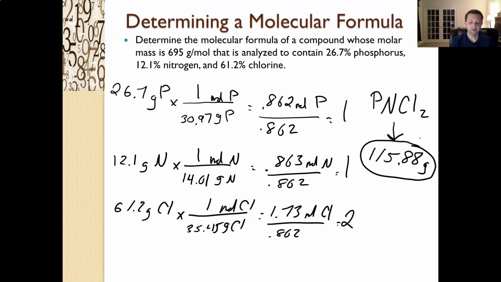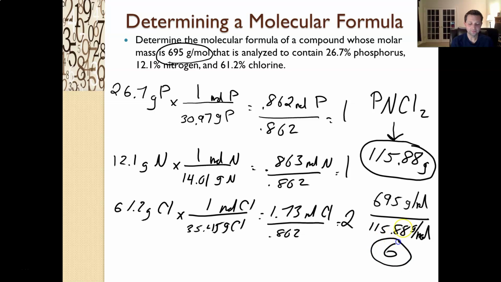Okay? That's for my empirical formula. So it clearly is not the same as my molecular, because my molecular molar mass was 695. So we'll do 695 grams per mole divided by 115.88 grams per mole.